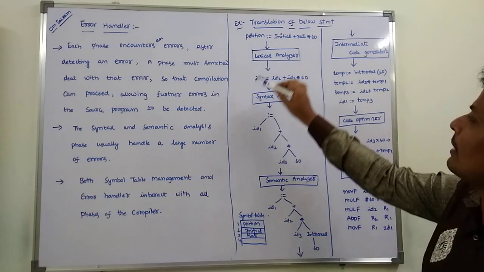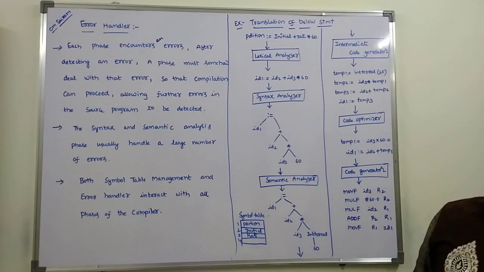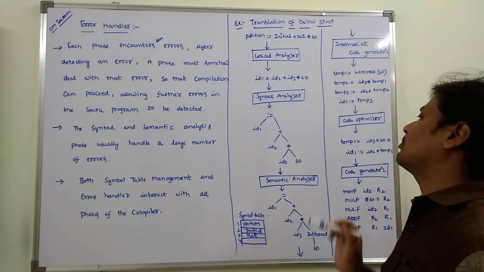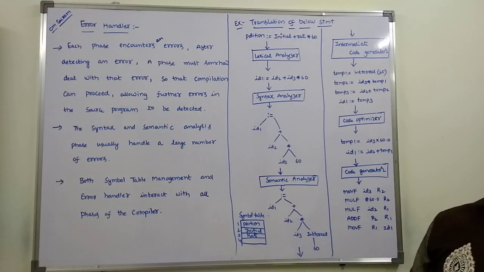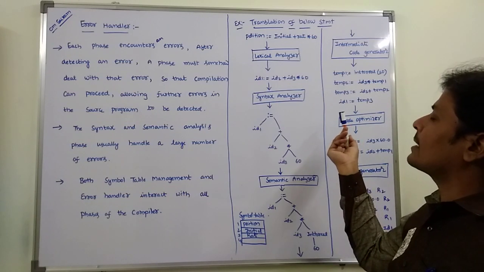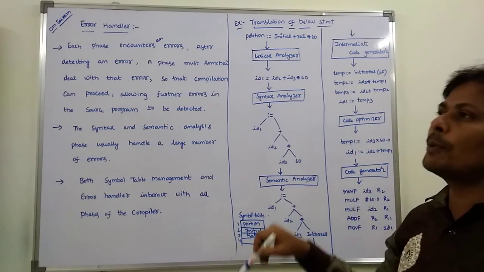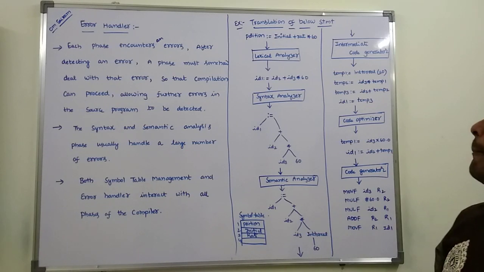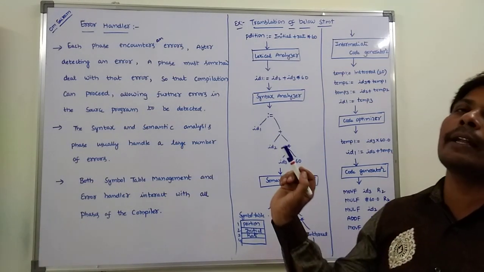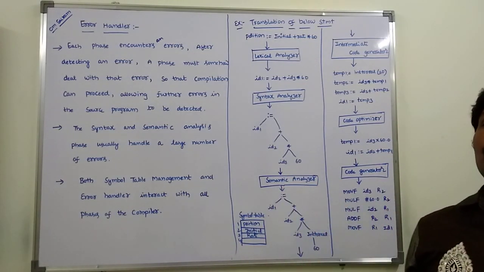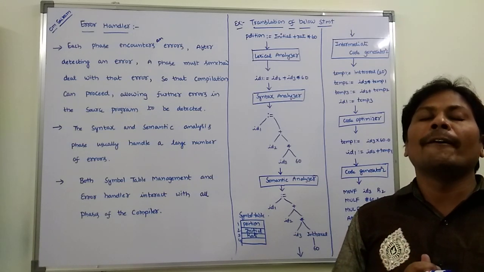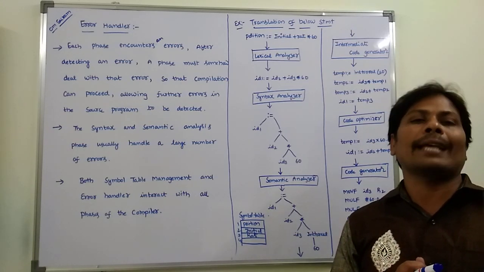So if any error occurs in the given phase, that phase deals with that error and corrects it. Okay, for that purpose we have to use the error handler in each and every phase. Both symbol table management and error handler interact with all the phases of the compiler. So this is the description of the phases of the compiler and its example.